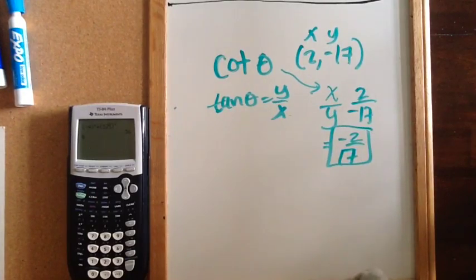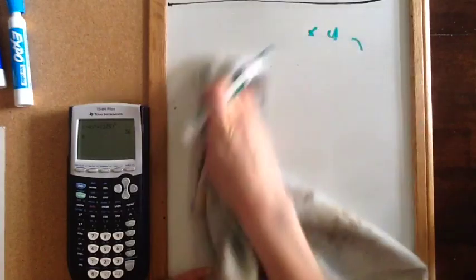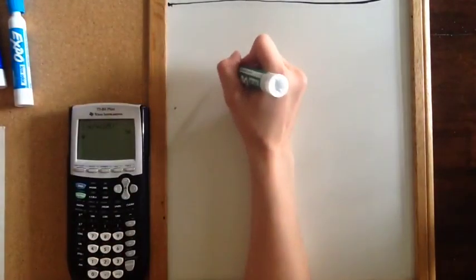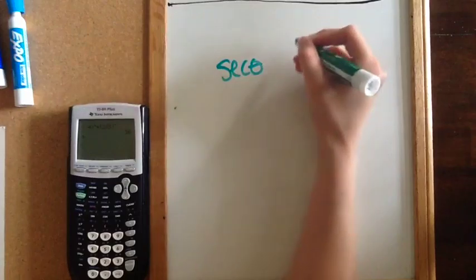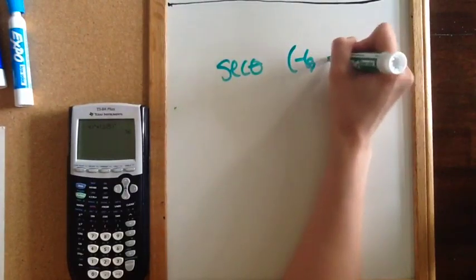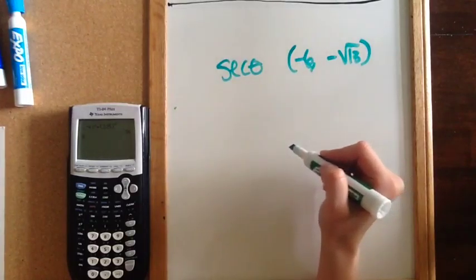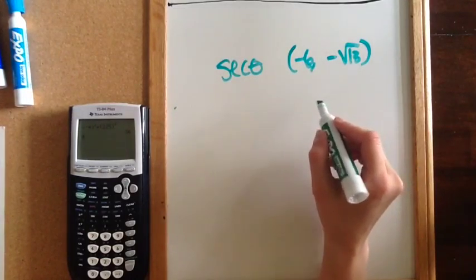Now, let's do one more. Let's do the secant of theta, and we're given the point negative 6, negative root 13. Okay? So let's do it first without a picture, and then I'll show you with the picture what it would look like.